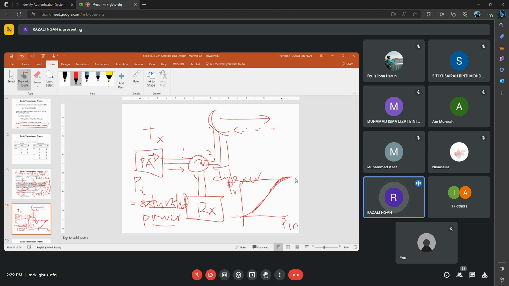So in satellite communication, we purposely reduce some amount of power so that the operating point of the power amplifier is in the linear region. The amount of the power reduction, we call it back off loss.